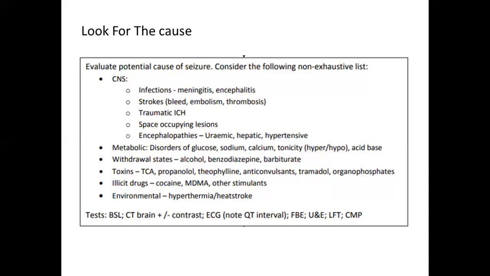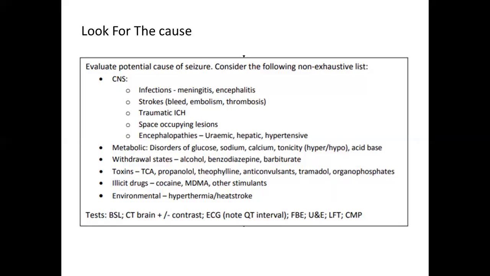The third priority is you should prevent complications. The fourth priority is you should treat the complications. All right? Stop the fit, look for the cause, treat the complications, prevent complications. Those are the four priorities following status epilepticus.